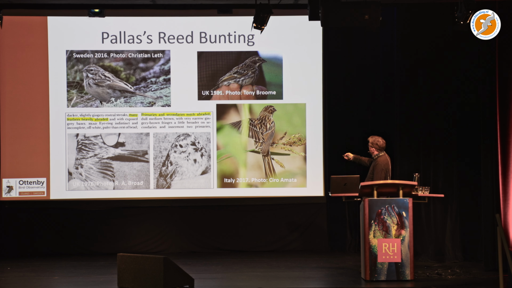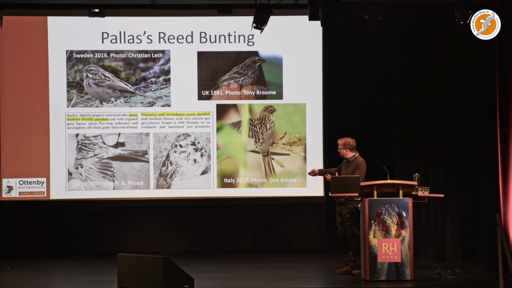UK 1981, this is the bird that Per mentioned in his book that I showed you earlier, completely juvenile plumage. The same goes for this bird from Italy in 2017, also completely juvenile. But then again, we have the record that Per mentioned in the book from UK 1976. This bird shows some clear abrasion.